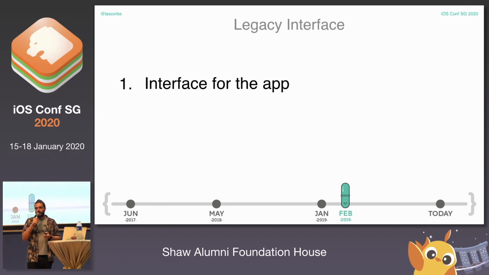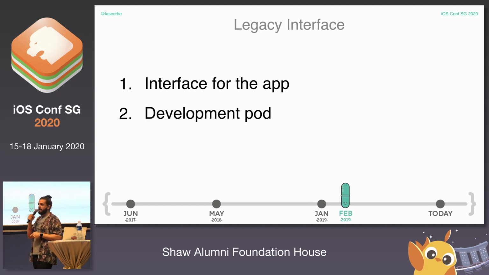It's an interface for the app. So whenever you want to access something that is in the app, you have just an interface, so the module doesn't know about the app, but about the interface. We declare it as a development pod, so all the modules know about it. And whenever you need something from the app, you just inject the app, but the module only knows the interface.